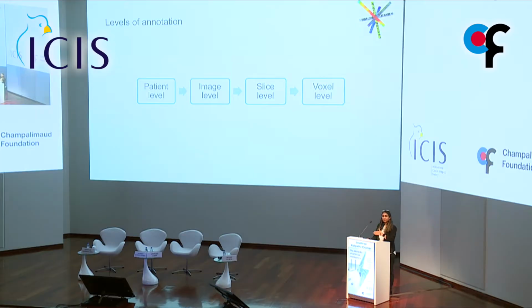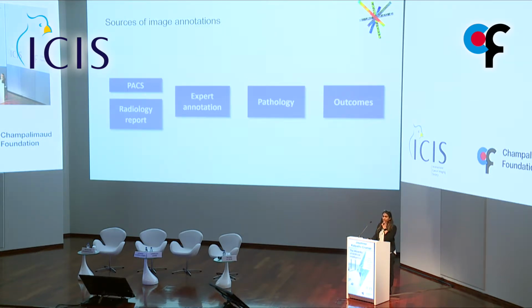We sometimes might want to annotate at the slice level. So again, if you're looking at a CT scan, you may say, these are the slices where there's a lesion, for instance, or you might actually want to know the presence or absence of that finding on a voxel level. So depending on what the task is, the annotations have to reflect that and have to be done at these various levels. We heard a lot from Chuck Kahn and others about how best to do the annotations.